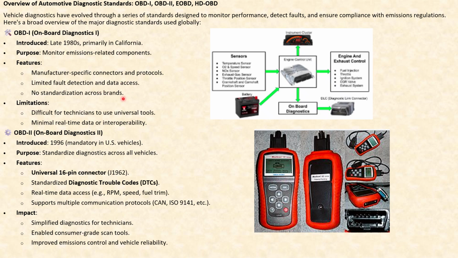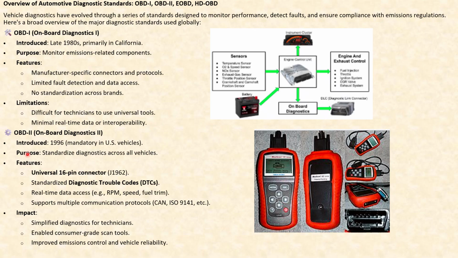There is no standardization across the brands. This was the biggest drawback, the biggest limitation, as far as OBD-I was concerned. The other limitations are that it is difficult for technicians to use universal tools, and there is minimal real-time data or interoperability, again because of lack of standardization.